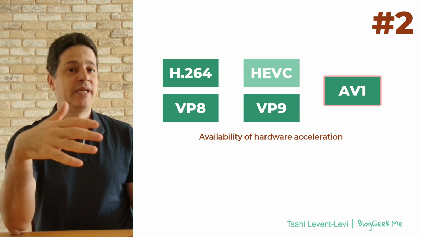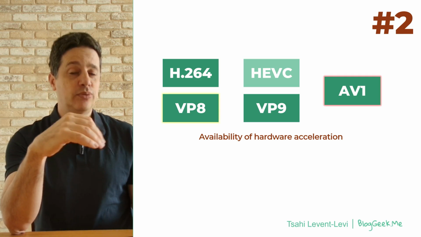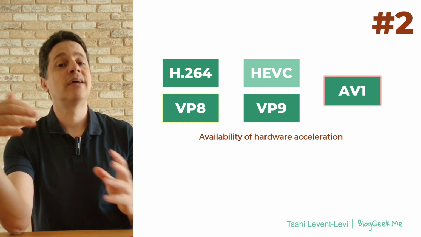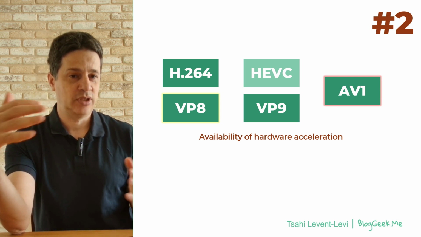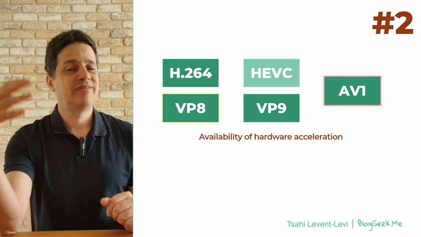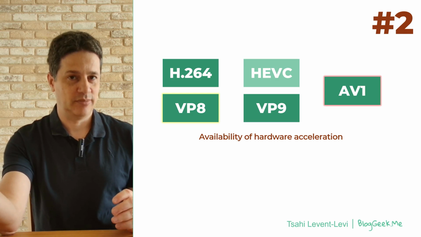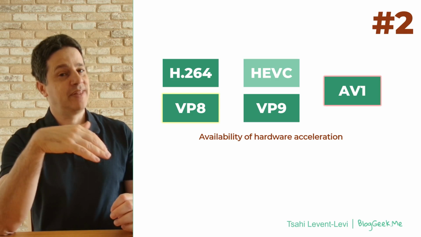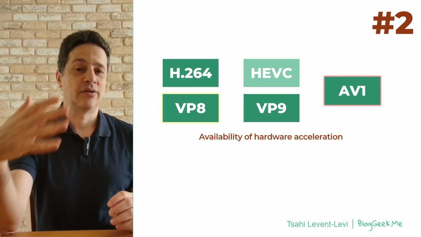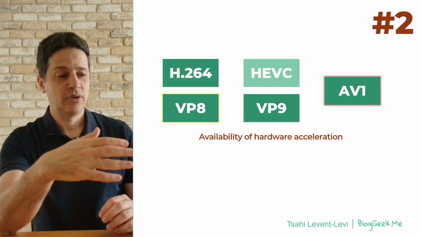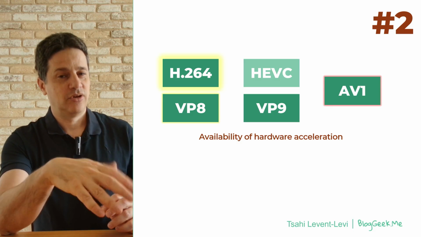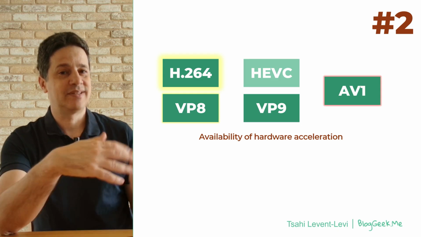Next, we can take VP8. VP8 is great. It works really well, doesn't take a lot of CPU compared to the other codecs, but it won't have a lot of hardware acceleration available. I would still prefer using that over H.264 in most scenarios. H.264 has a lot of hardware acceleration available. Where it's there, it's great.